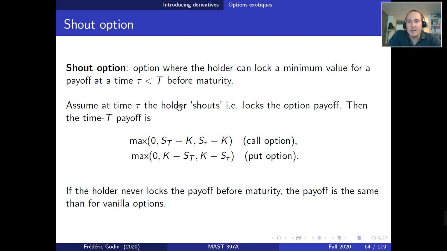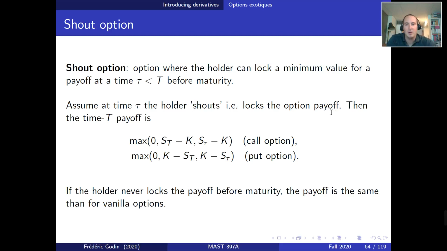Assuming the option buyer shouts the option at time tau, it locks the option payoff at that date. But what do we mean by lock here? It locks the minimum possible value of the payoff. Then the payoff is only paid at maturity, but the payoff at maturity is the maximum between the payoff of a regular option and the payoff which would have occurred at the shout date.